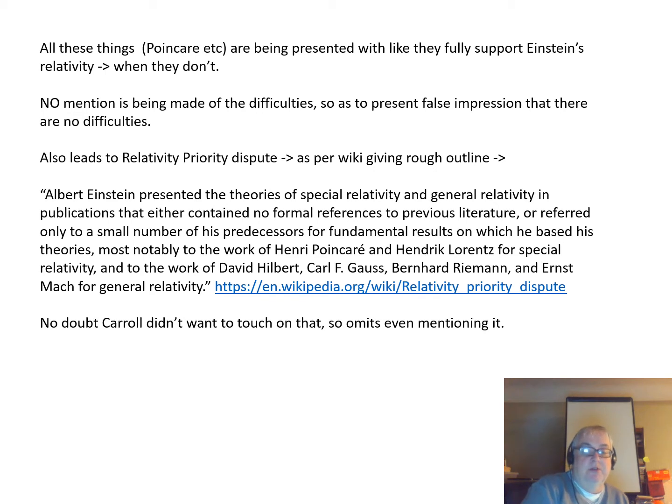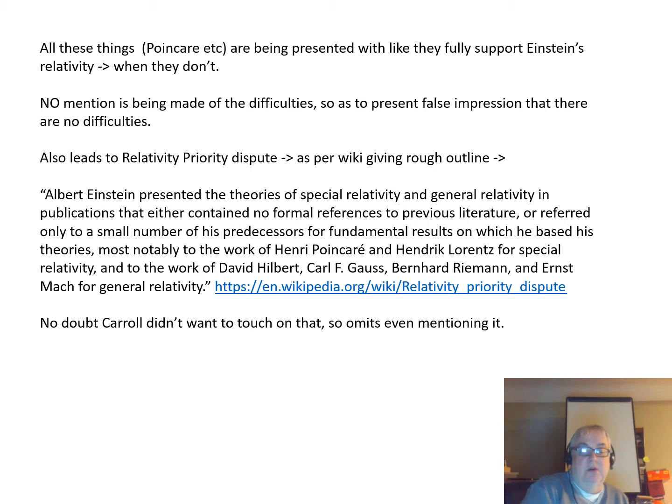Albert Einstein presented the theories of special relativity and general relativity in publications that either contained no formal references to previous literature or referred only to a small number of his predecessors for fundamental results on which he based his theories, most notably to the work of Henri Poincaré and Hendrik Lorentz for special relativity, and to the work of David Hilbert and Carl Gauss, Bernhard Riemann and Ernst Mach for general relativity.